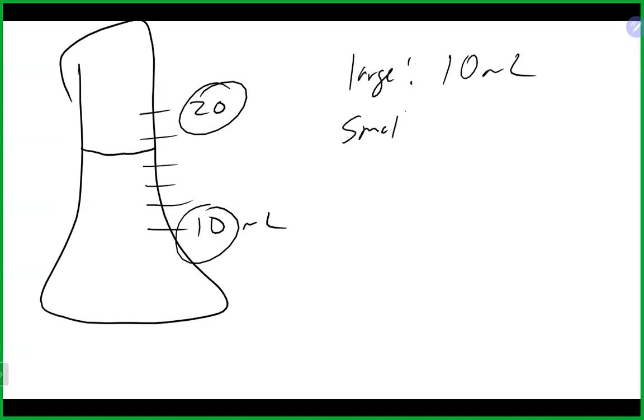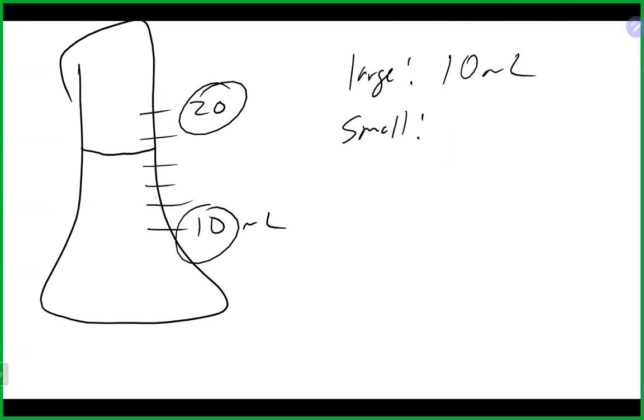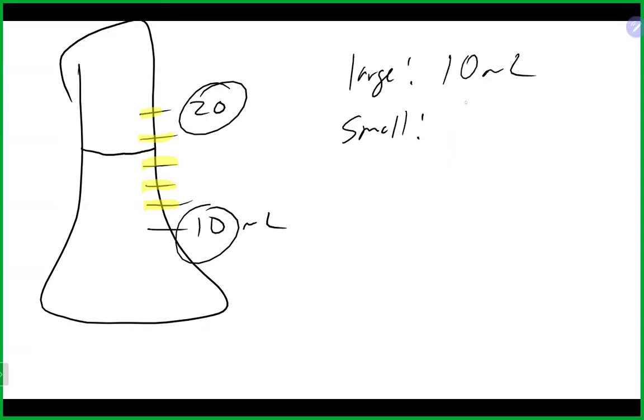Small markings in this case represent how much? If we count how many of the small markings we got going on in this case, we got 1, 2, 3, 4, and 5 only. And that means that each of the small markings in this case is going to be 2 milliliters, right? So that's like a 12, 14, 16, 18 situation.